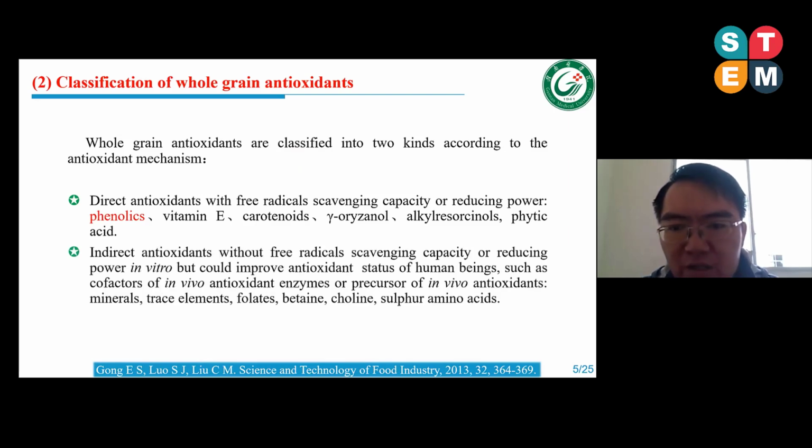One is direct antioxidants with free radical scavenging capacity or reducing power, such as phenolics, vitamin E, carotenoids, gamma oryzanol, and phytic acid.